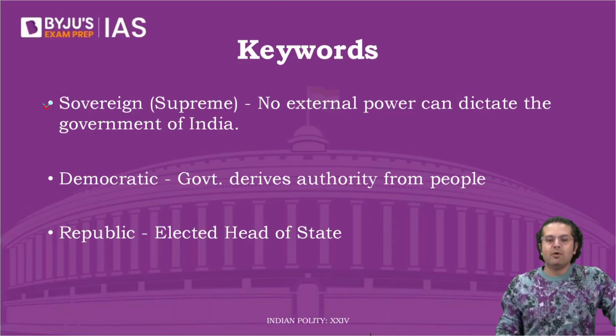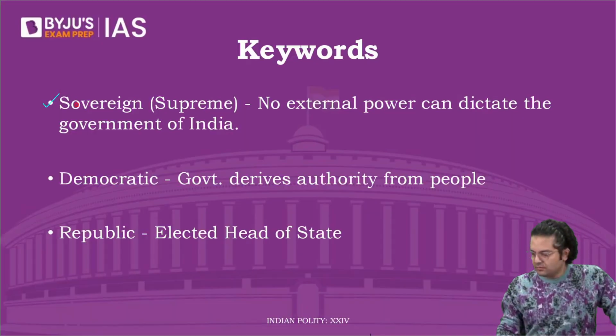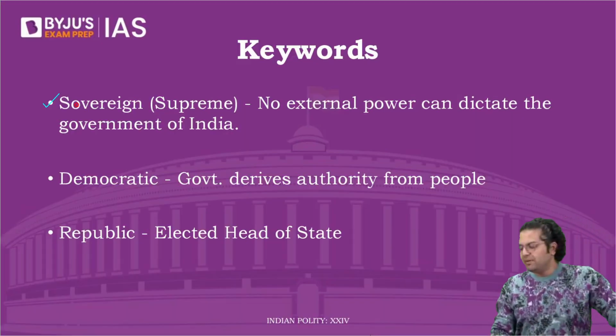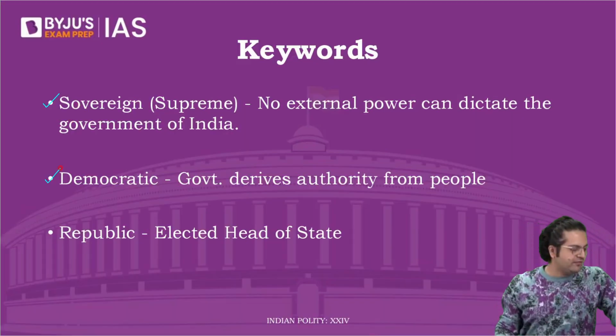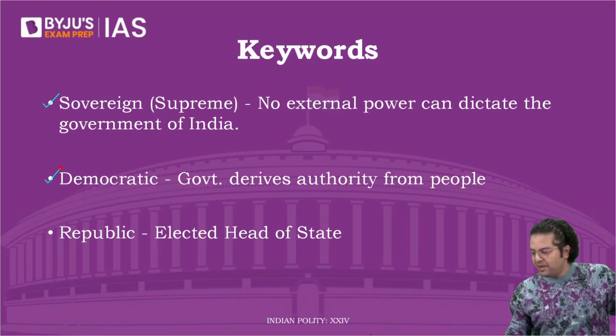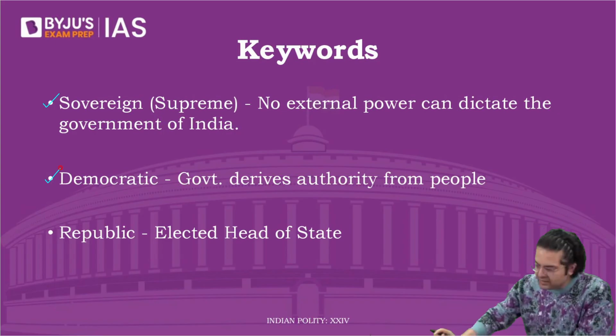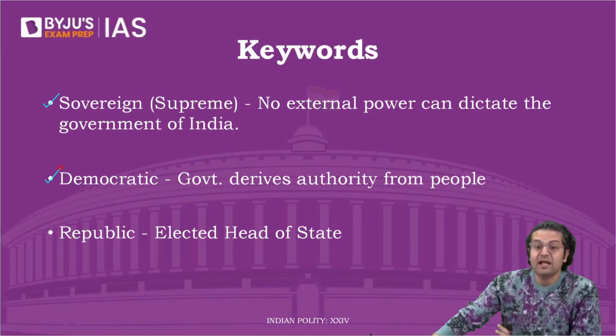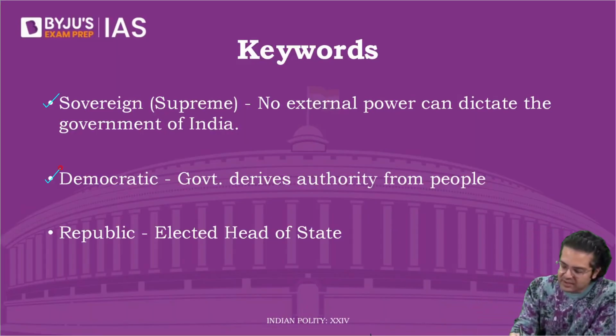Sovereign. Democratic. What is democratic? Government derives authority from the people, by the people, for the people, of the people, as Abraham Lincoln would have said. And republic. What's the meaning of republic? Republic refers to a state where the head is elected. In our country, who is the head of the state?